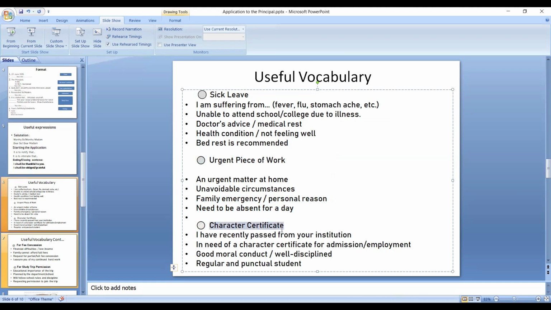The application for character certificate might require you to learn the following expressions: "I have recently passed from your institution. I need a character certificate for admission," or for employment, good moral conduct, well-disciplined, regular and punctual student.